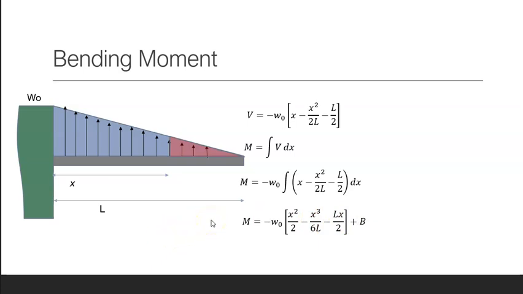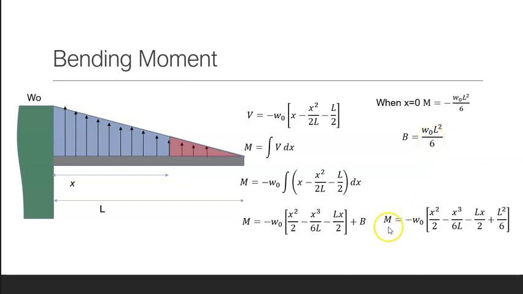Now, when x is equal to 0, at this point here, the bending moment is at its maximum, so it will be w naught L squared over 6. If I put that expression back in, I have an equation for my bending moment. So the bending moment at any point along the beam should be equal to this.